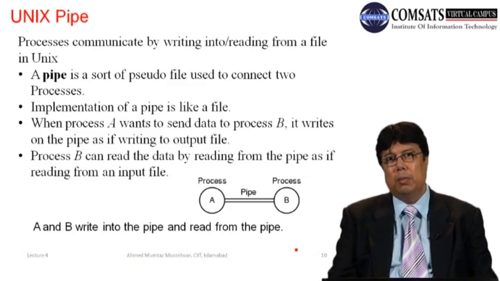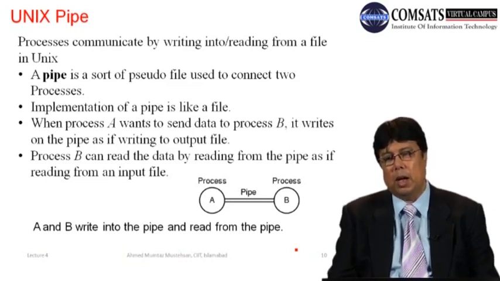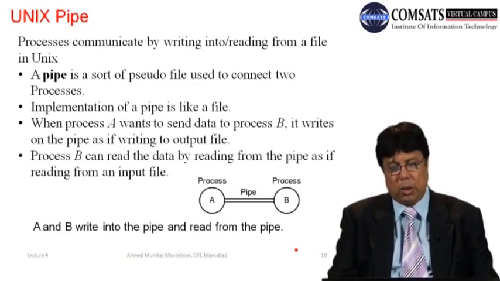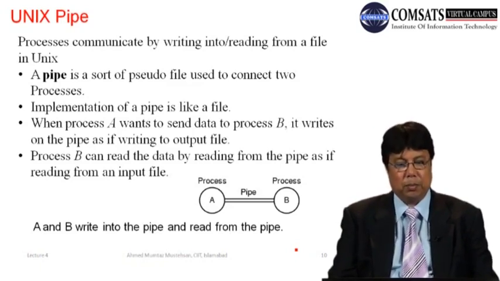Once you have established a pipe using a system call, or using the syntax of the command provided, the pipe is automatically established. I'll show you later how you can establish this pipe, which is the easiest and simplest way for the user.